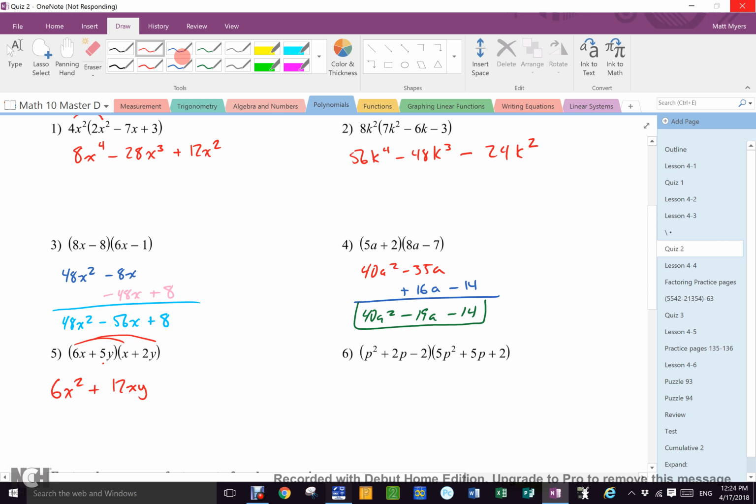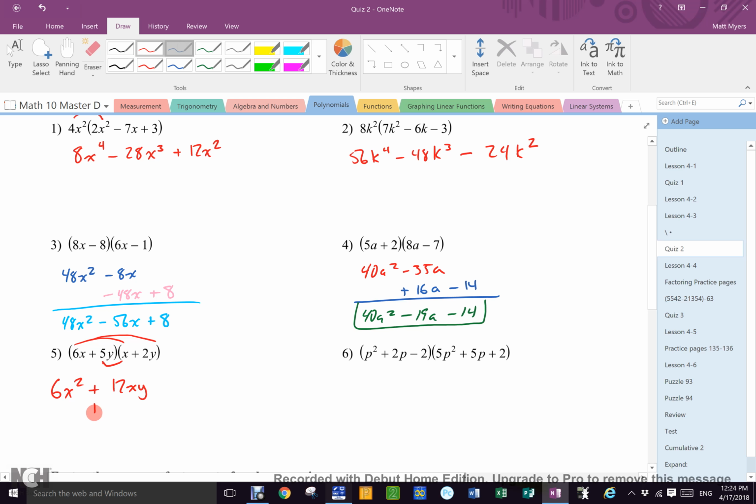Does order matter? No. So it's going to be plus 5. I can write it the same way. And the last one, 10y squared. And then I just add it up to get 6x squared plus 17xy plus 10y squared.